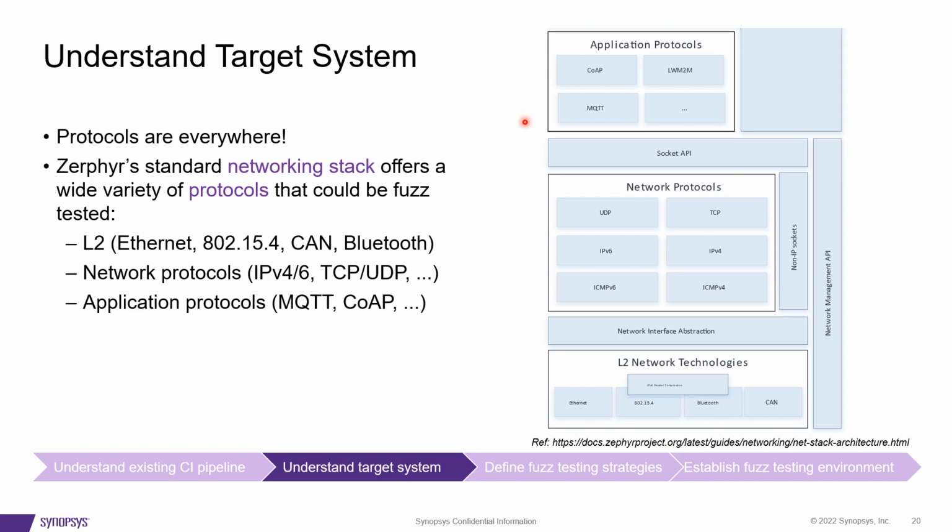So we have from the bottom our layer 2 network technologies, including Ethernet, 802.15.4, CAN, and Bluetooth. We have a number of different network protocols, including IPv4, IPv6, TCP, UDP, and so on. And then we have our application protocols on the top, such as MQTT and CoAP.